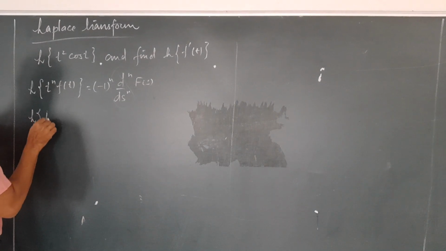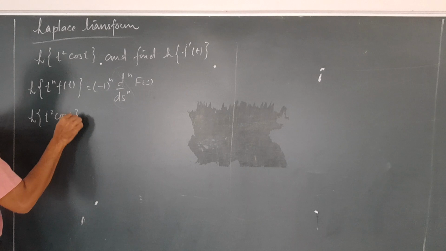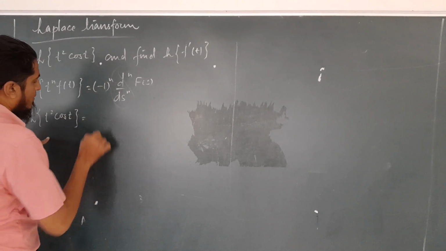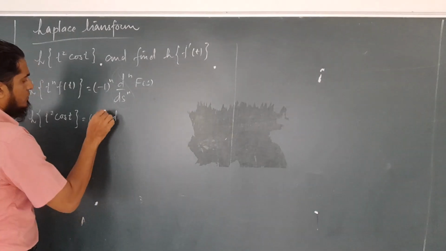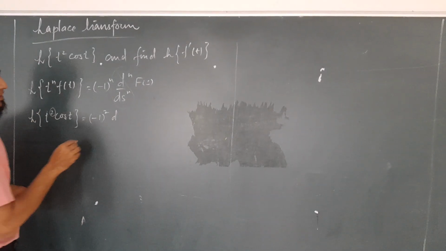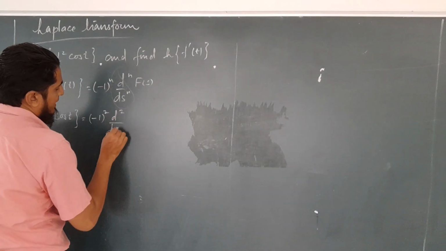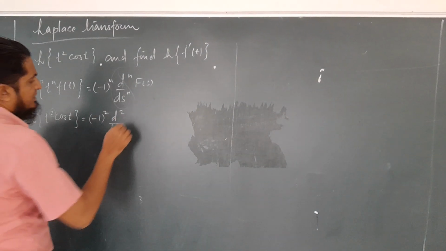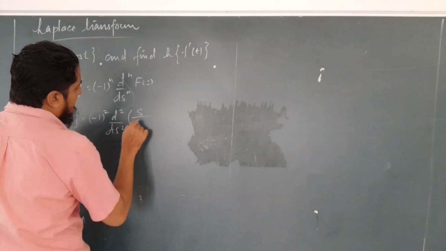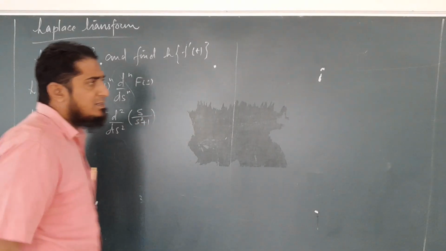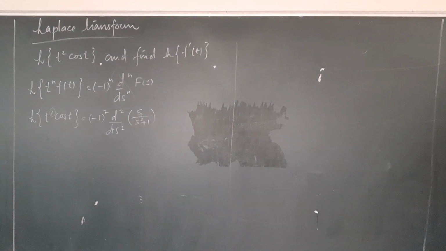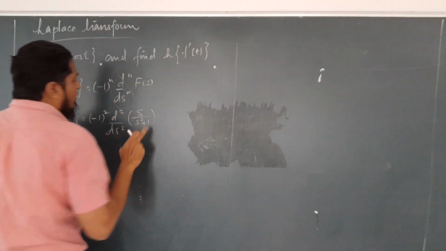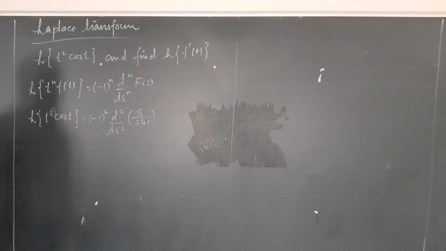So the Laplace transform of t square cos t is minus 1 raised to 2, because we have t square, d square by ds square of the Laplace transform of cos t, which is s upon s square plus 1. So we have d square by ds square of s upon s square plus 1.